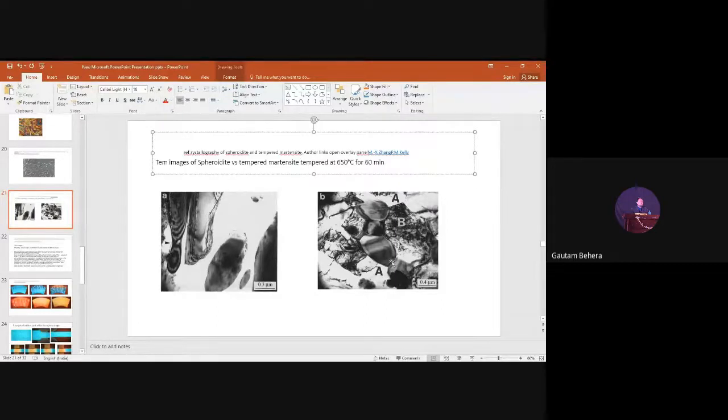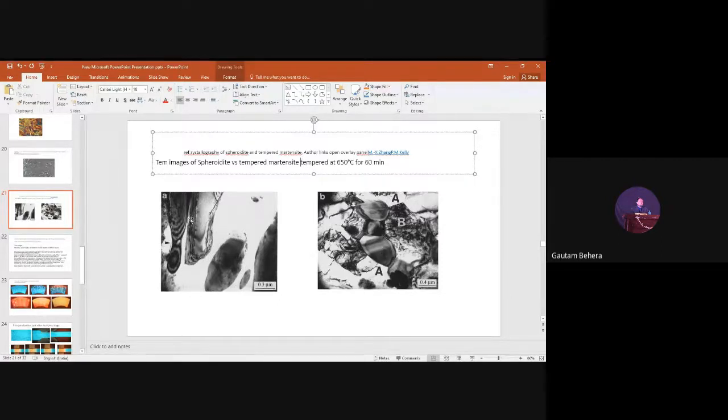And the other difference is the shape. In spheroidite you can see the shape is basically polygonal. The cementite particles are polygonal, and some are spheroid. You can see some spheroids, some are polygonal, and some are like small bar shape, right? But here, in tempered martensite, the cementite particles are basically spheroid shape. So this is the difference between them.